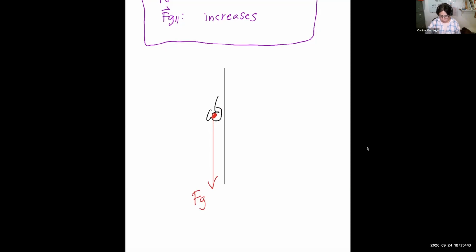And then if you want to decompose it, you can see that the entire gravitational force is going to be the parallel component. Now, FG perpendicular is equal to 0. Therefore, what happens to the normal force? Normal force is also 0. So that's what you saw on the demonstration that I can show you again.